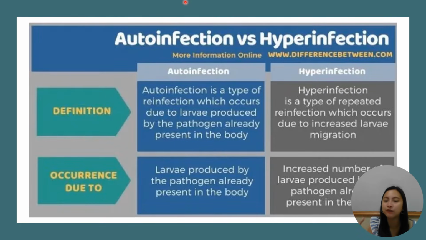So there's an increased number of larvae produced in the host's body. That's the difference between autoinfection, where you become the source of your infection, while for hyperinfection or superinfection, you get too much or more parasites of the same species.